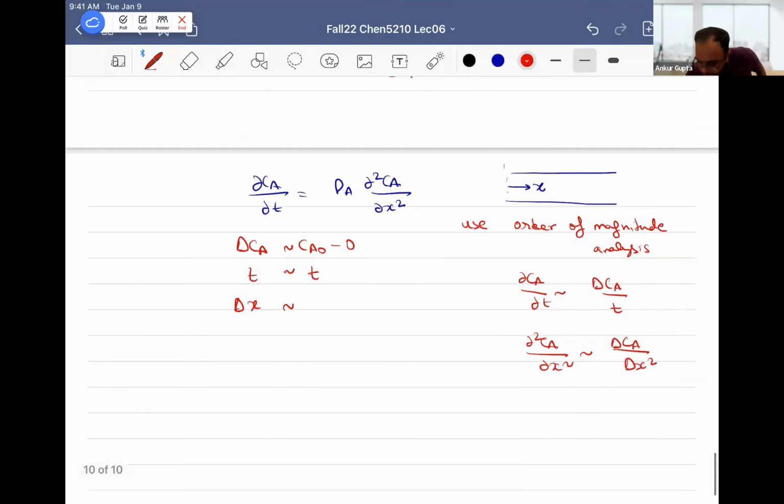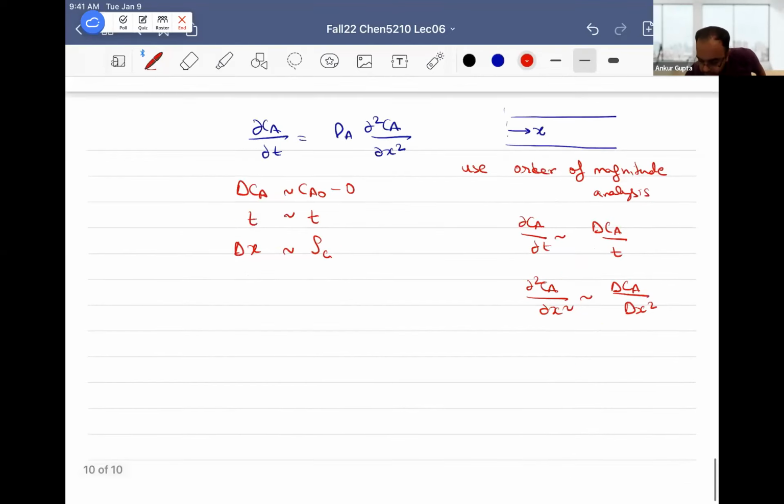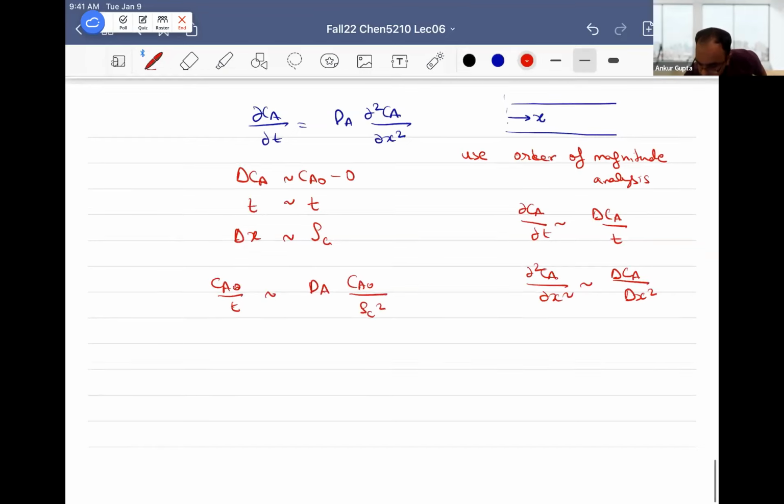So I get CA naught by T is similar to dA CA naught by delta C square, or this goes to delta C is the square root of dAT.